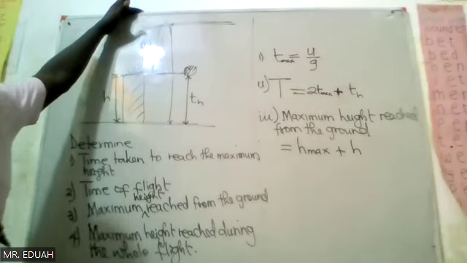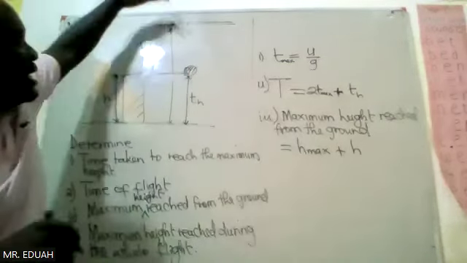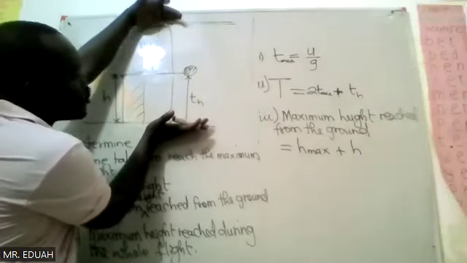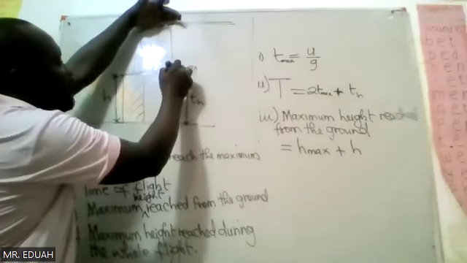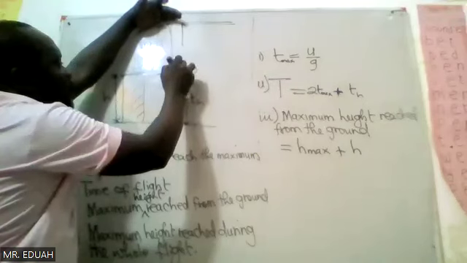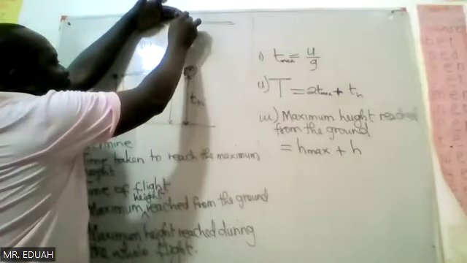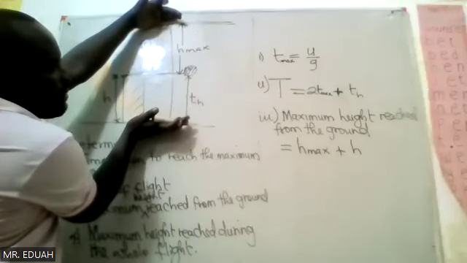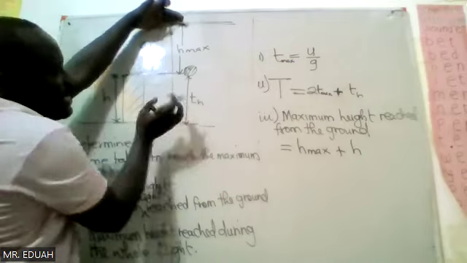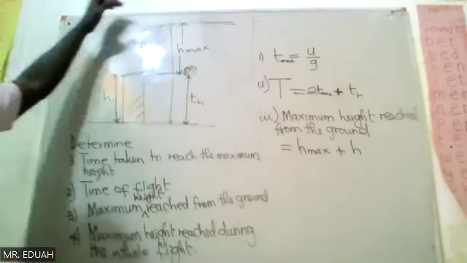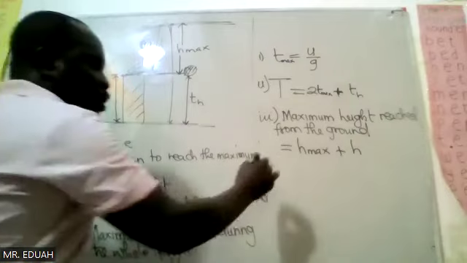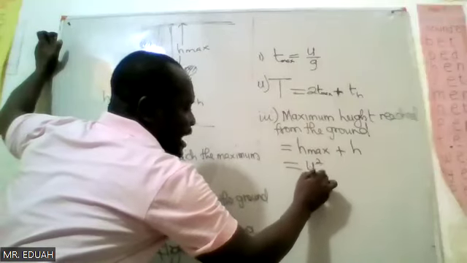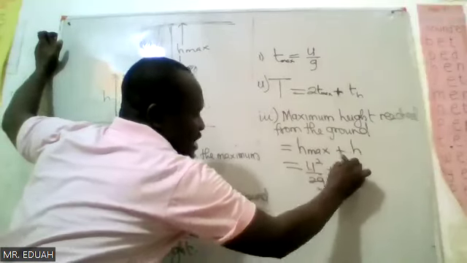When it is thrown here, this is the maximum height raised, but we are measuring this maximum height from the ground. So H max plus the height of the tower becomes the maximum height raised from the ground, which technically would be equal to U squared over 2G plus H.